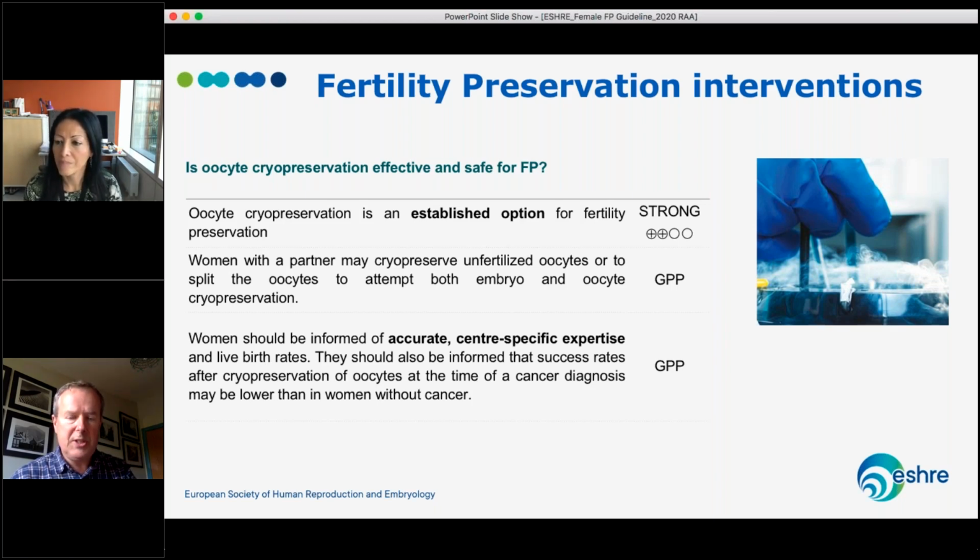But what is important here, and indeed this was a recurring theme throughout all these interventions, is the need for accurate center-specific information on expertise and local live birth rates, rather than just taking the best from the literature: what actually is the data for the patient and what she will get with her local center.